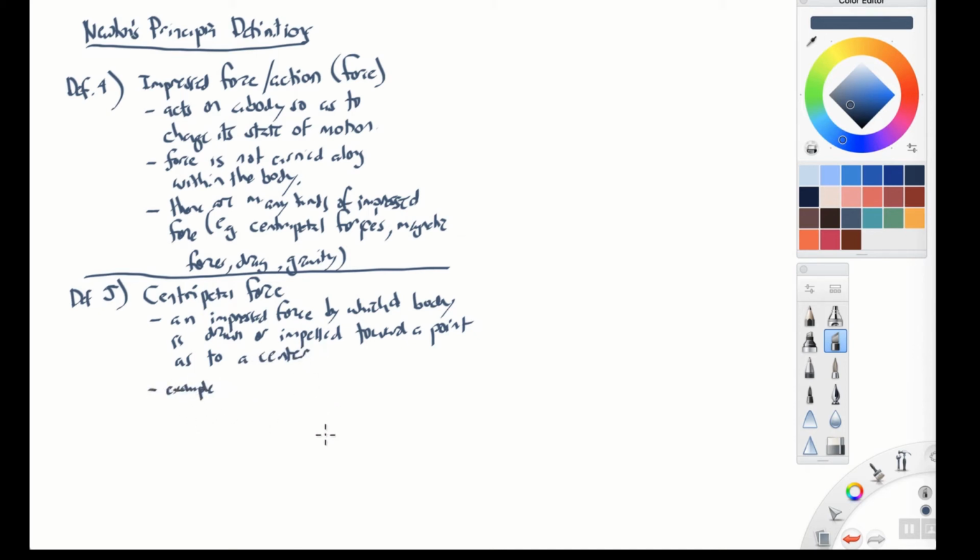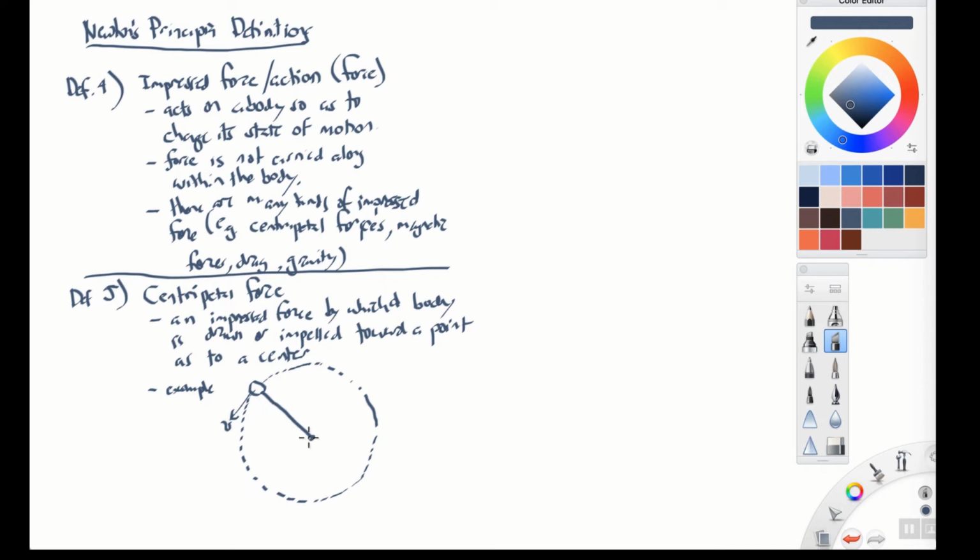maybe a simple example would be if you have your hand, let's say right here, and you have a string, and to the end of the string you attach a rock, and you spin this rock around over your head. So this is looking down at you from above as this rock is spinning around. At any particular moment, this is the velocity at this moment.